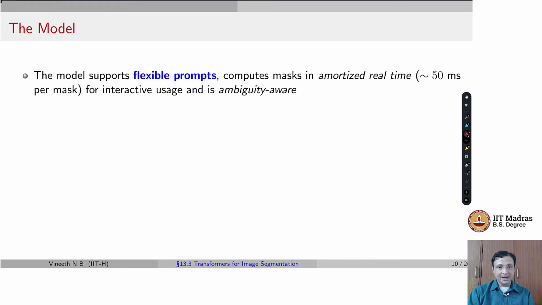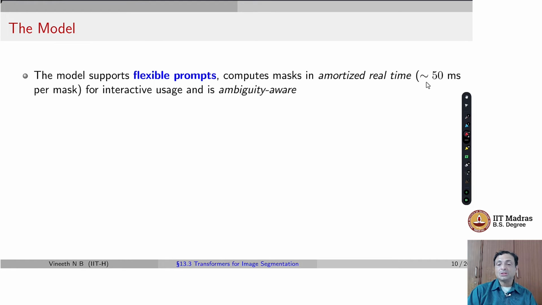As already mentioned, it can take prompts of different kinds, and it computes masks in amortized real time. What do we mean by amortized real time? Amortized real time is when you run a task over multiple trials and you get an average time complexity or a wall clock time of a particular number, is typically called amortized real time.